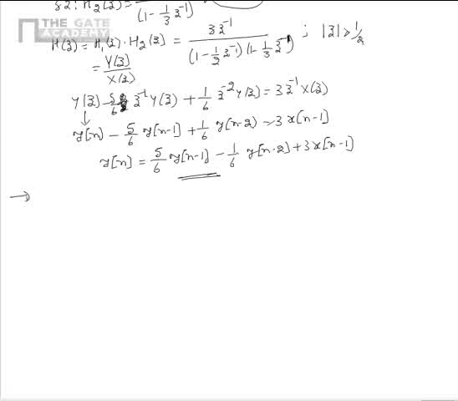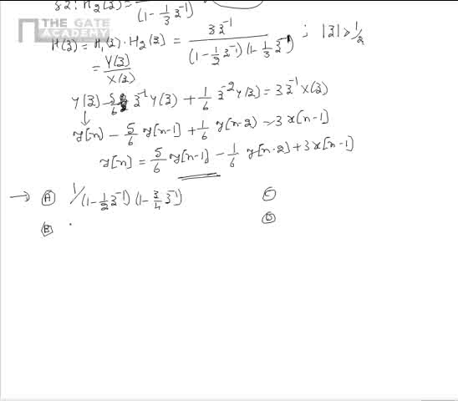Now let us look into another problem, as per which there are four system functions given in the options A, B, C and D. In option A, the system function is 1 minus half z inverse multiplied by 1 minus 3 by 4 z inverse.